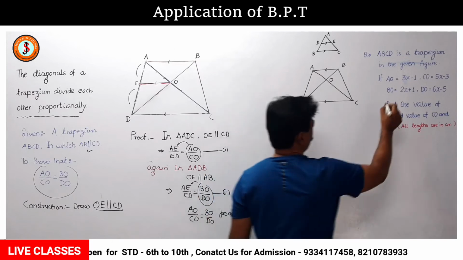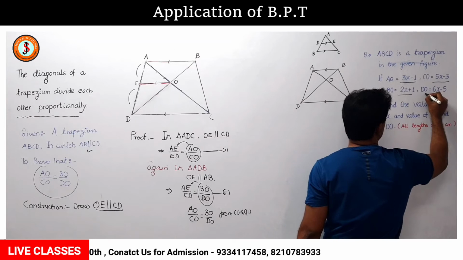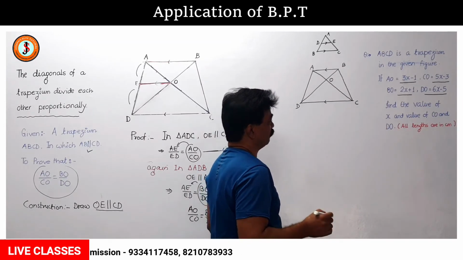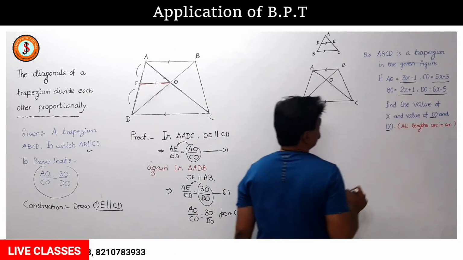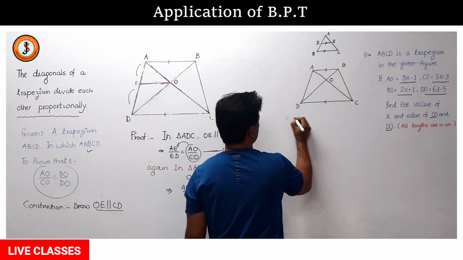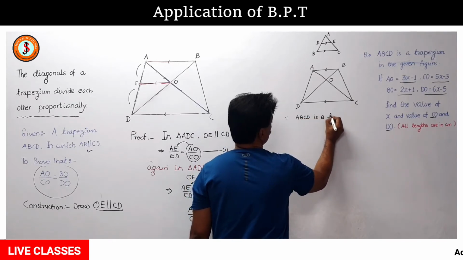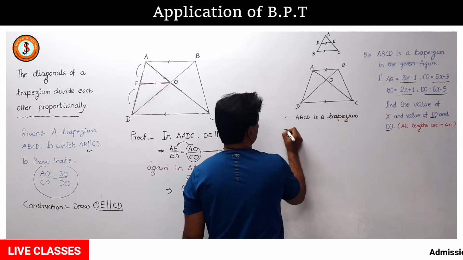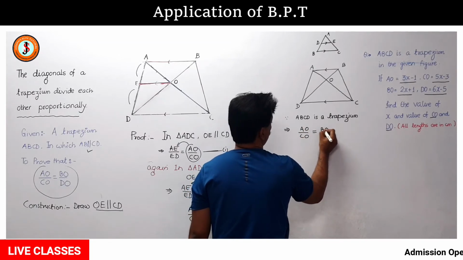Now they are telling if AO is equal to 3x minus 1, CO is equal to 5x minus 3, BO is equal to 2x plus 1 and DO is equal to 6x minus 5, then find out the value of x and also find the length of CO and DO. So what I do is straight away, since ABCD is a trapezium, this implies that AO by CO is equal to BO by DO.